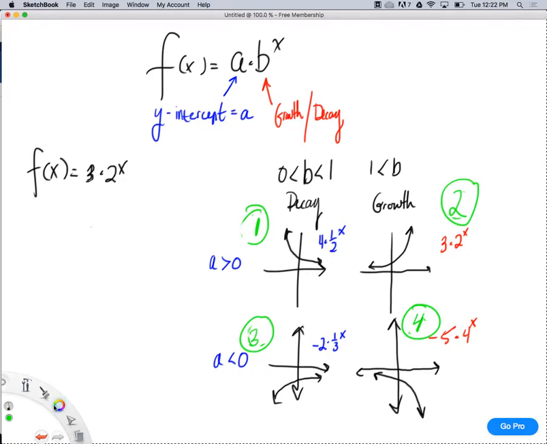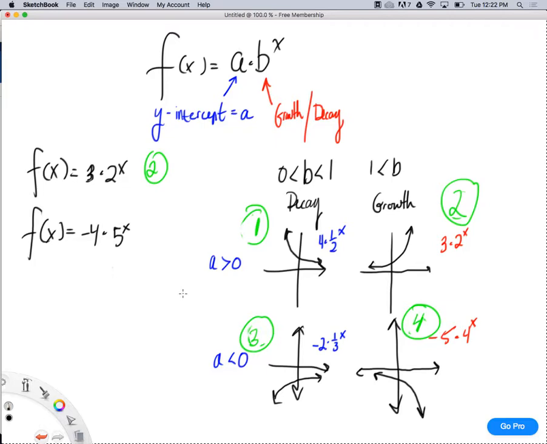All right, so let's do another one. Now let's try this one. f of x equals negative 4 times 5 to the x. Which one does this correspond to? 1 through 4. Okay. All right, take a look around. Well, let's see.